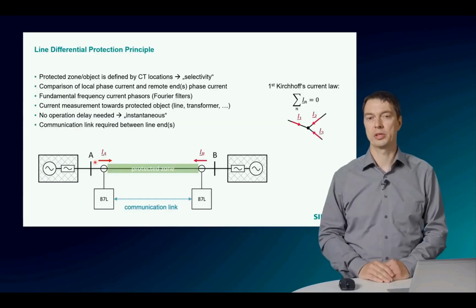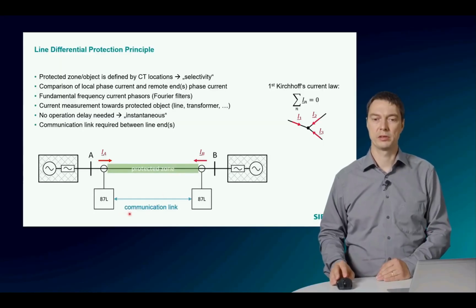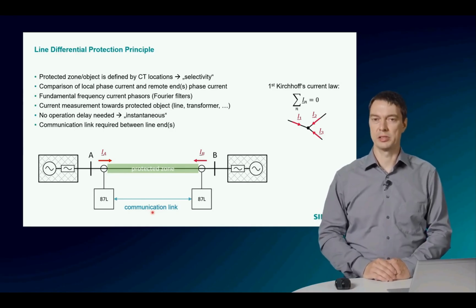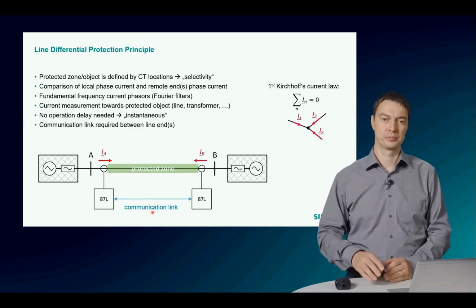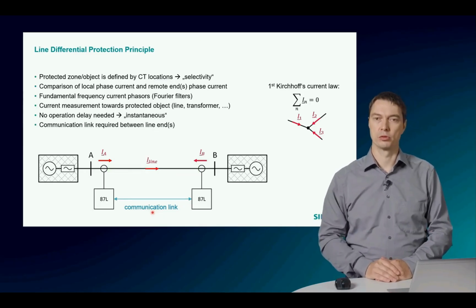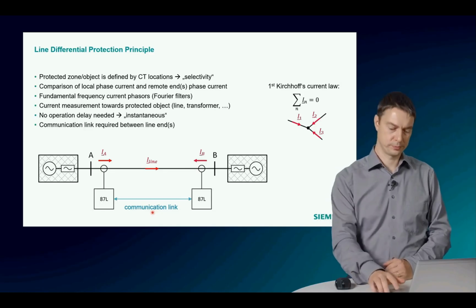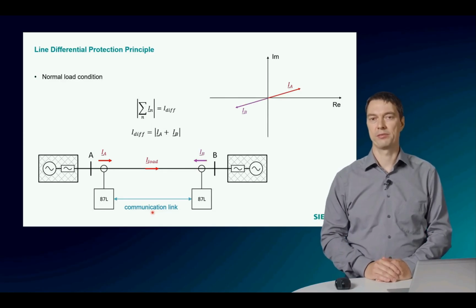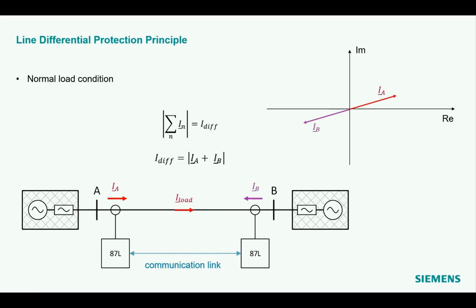But you need a communication link between the relays, which I already mentioned, which needs to be secure and safe. Let's have a look at what happens if we have a current flowing on the line. In the first example, we have the normal load condition, which is a load current flowing on the ideal line, shown here.